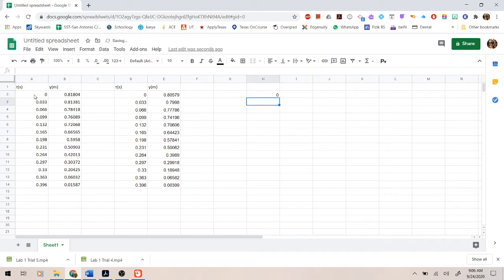Once you hit enter, it is going to calculate it for you. And if you go to the bottom right corner, click on it, hold on to it, and bring it down, it is going to get the square of every number that you have in the order.